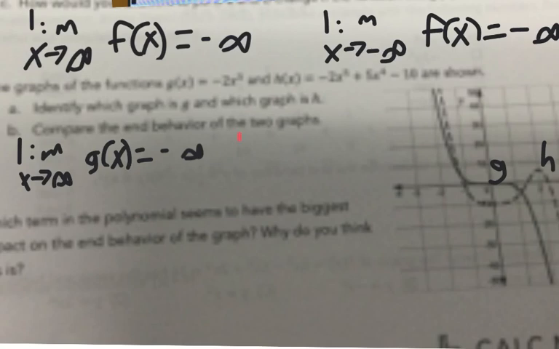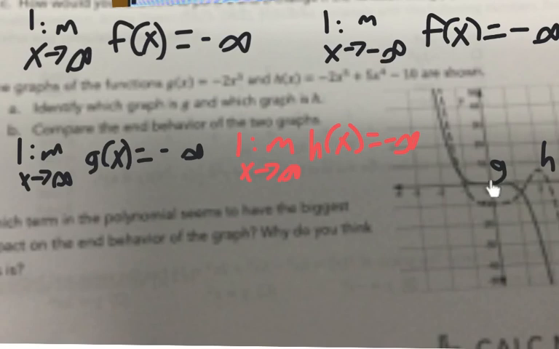It's in the same position. So the limit as x goes to infinity for h of x is also negative infinity, because they're both heading downward as the graph goes to the right. Now I'm running out of space here, but hopefully you can fill out the rest of this.